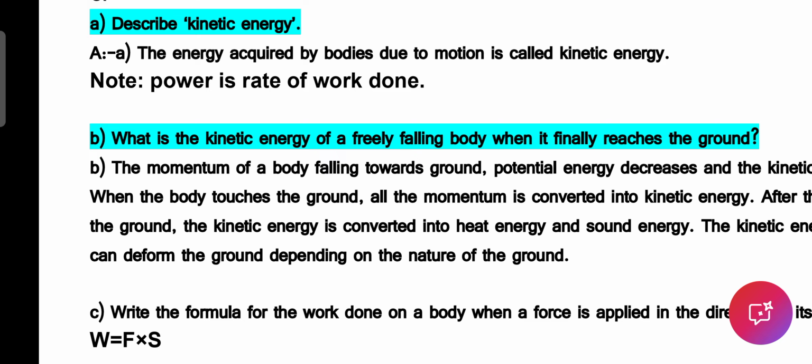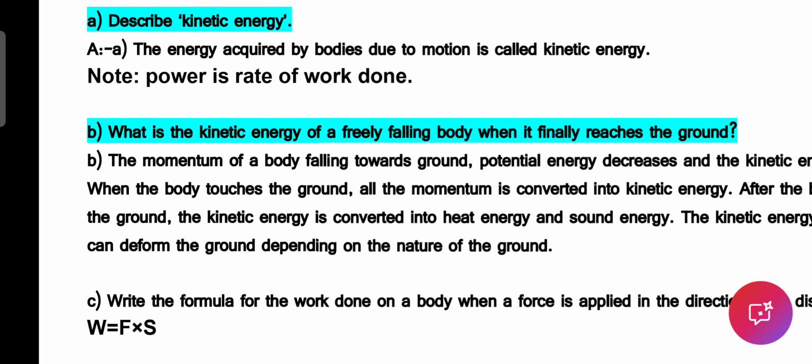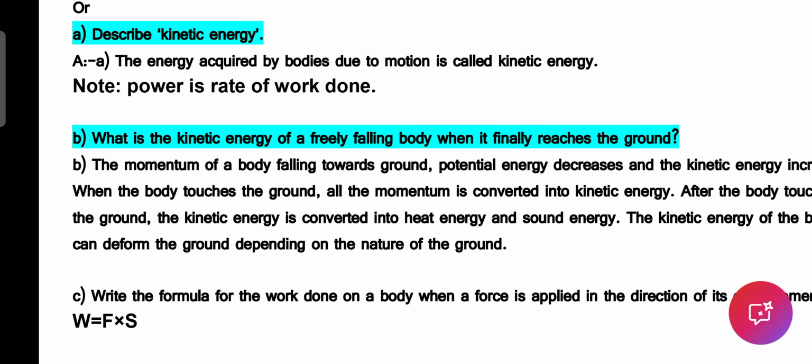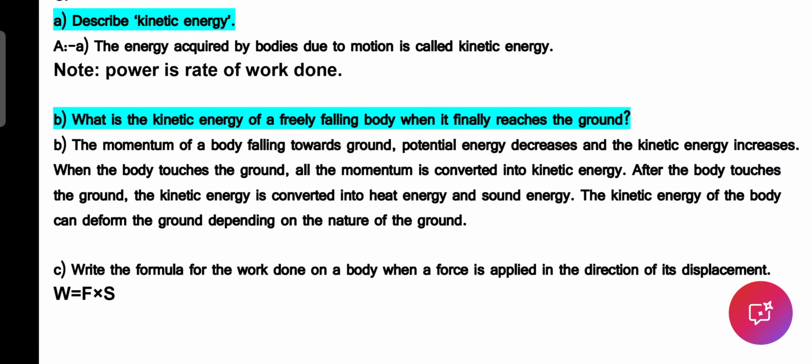What is the kinetic energy of a freely falling body when it finally reaches the ground? As the body falls towards the ground, its potential energy goes on decreasing and the kinetic energy goes on increasing.